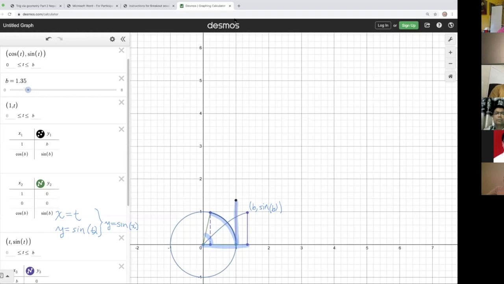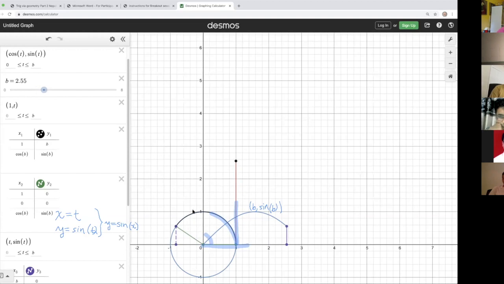When we come back and we move B, we can make that go farther. And now B would be the longer length, the longer arc, the greater distance along the x-axis.